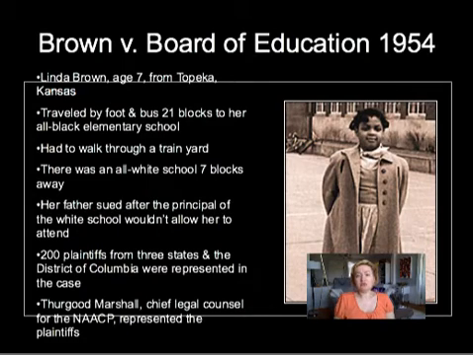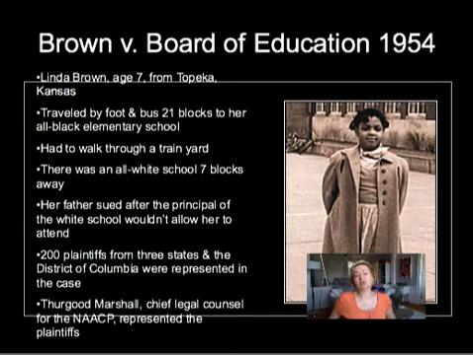At the same time, there was an all-white school 7 blocks away, much closer to her house. So her father decided to sue the principal of the all-white school because he didn't allow her to attend. That was the law.